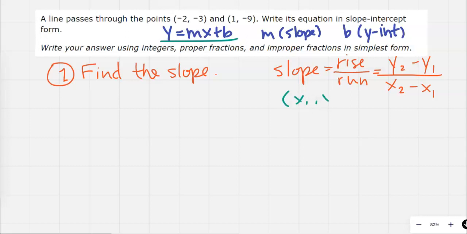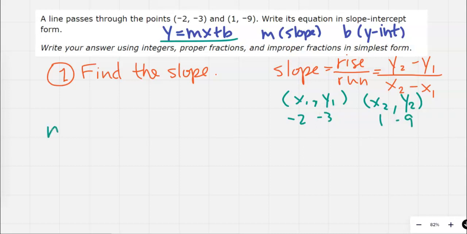We've got the x and y coordinates of the first, x1, y1, and then we've got our second point, which is x2, y2. So for this, I'm going to treat (-2, -3) as my x1 and y1, and I'm going to treat (1, -9) as my x2 and y2.